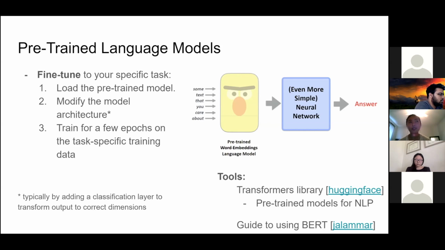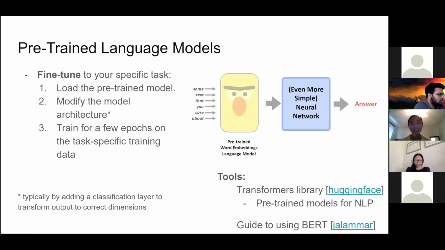There's a couple of blog posts that link to how to do this, and in particular there's a bunch of collaboratory notebooks that show you how you can load the pre-trained model, modify the model architecture by usually adding just a couple layers on top, and it'll show you how using existing data sets you can just fine-tune for a few epochs and achieve amazing results on a downstream task.